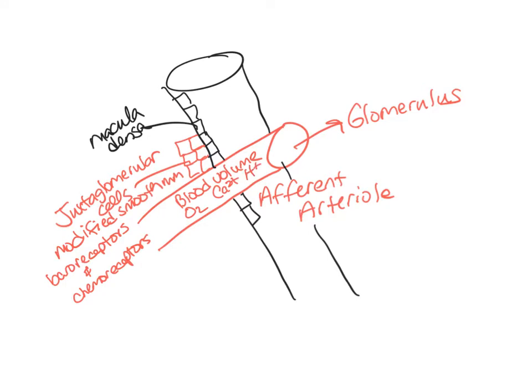The macula densa cells, on the other hand, are going to be monitoring what's going on in the distal convoluted tubule.